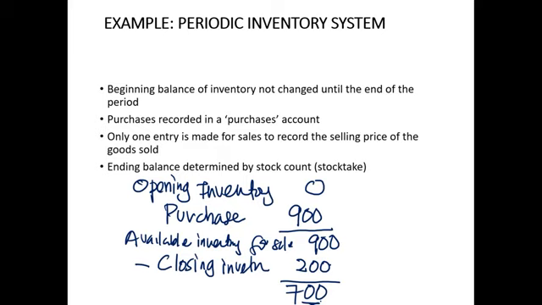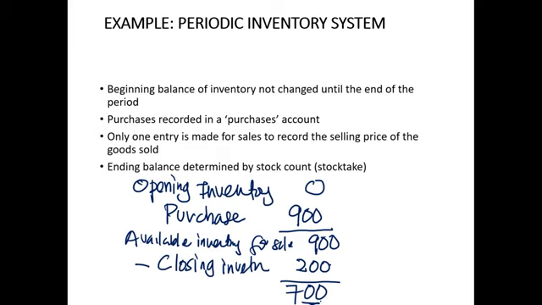During the year, you purchase inventory worth 900. And at the end of the year, you found that you still have balance of inventory 200. So what is the 700? Inventory sold.